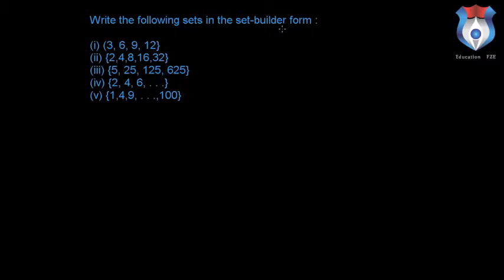Now let's write these following listing methods, or roster forms of sets, into the set builder form. The first one is 3, 6, 9 and 12, and we need to write it in the set builder form. Don't you think 3, 6, 9 and 12 are something like 3 times 1, 3 times 2, 3 times 3, and 3 times 4? It is something like this, right? So it's something like 3 times n, where n is 1, 2, 3 and 4.